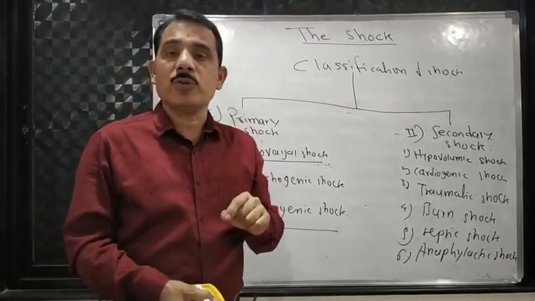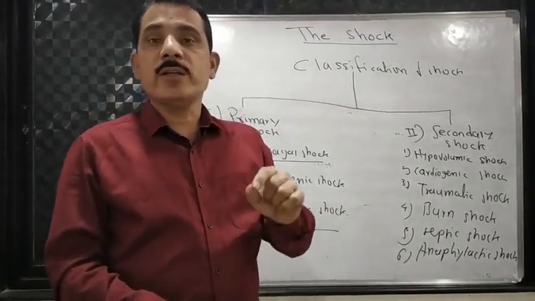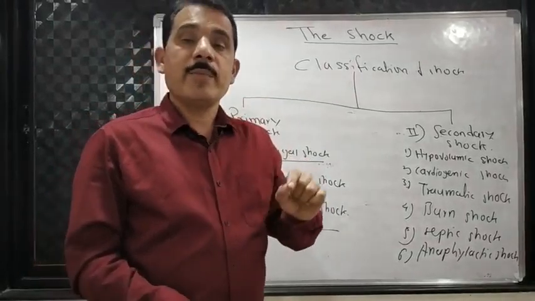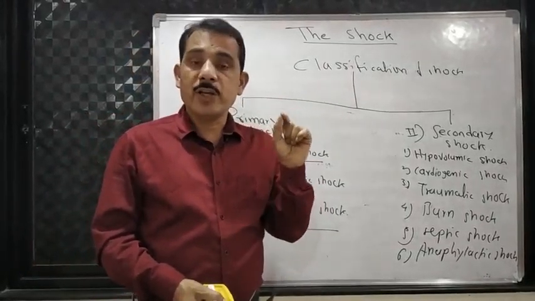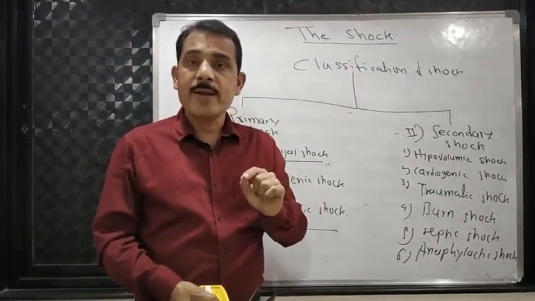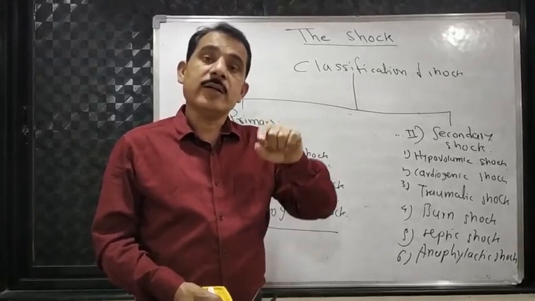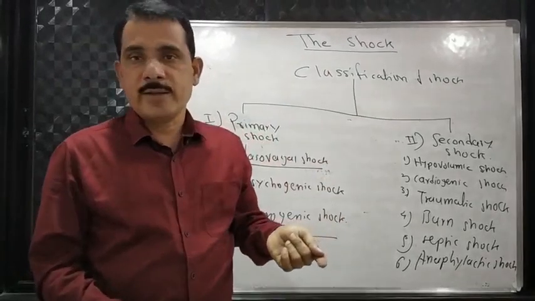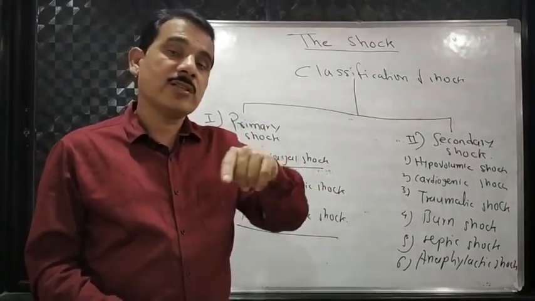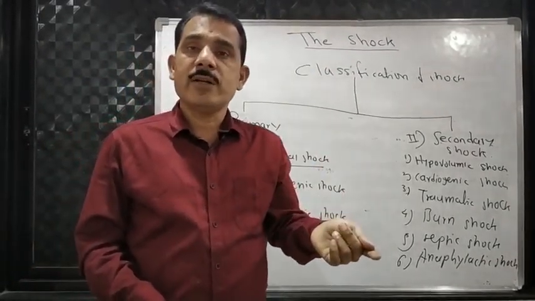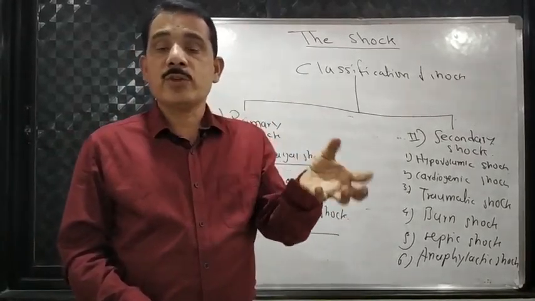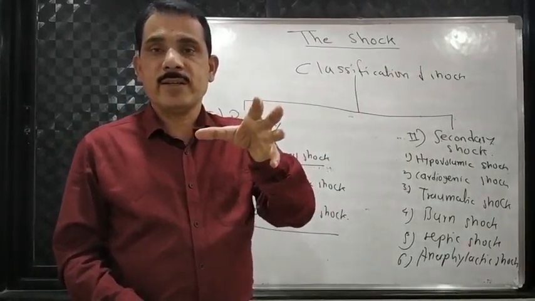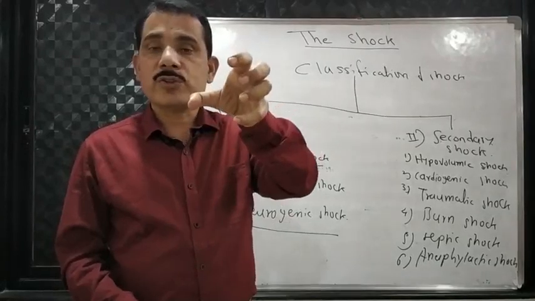The treatment of neurogenic shock is only surgical, that is, by surgery to repair the injury and reestablish the sympathetic nerve supply. As soon as the sympathetic nerve supply is reestablished, the sympathetic nerve carries the vasoconstrictor effect, causing vasoconstriction of the peripheral vessels.